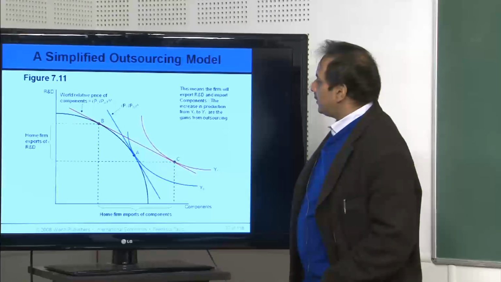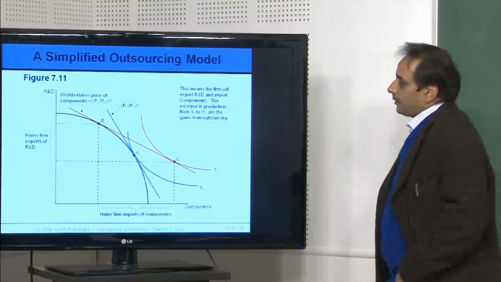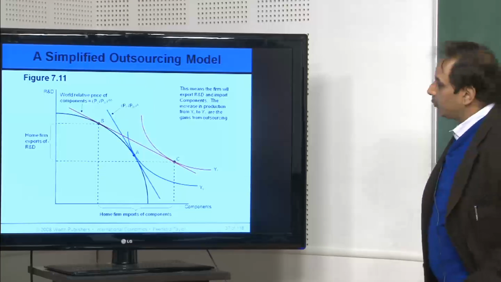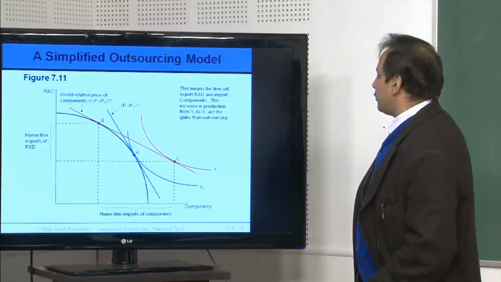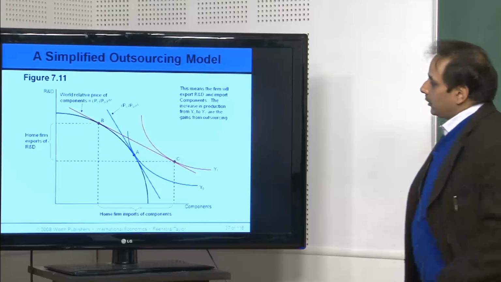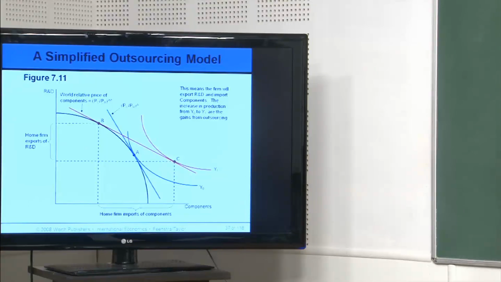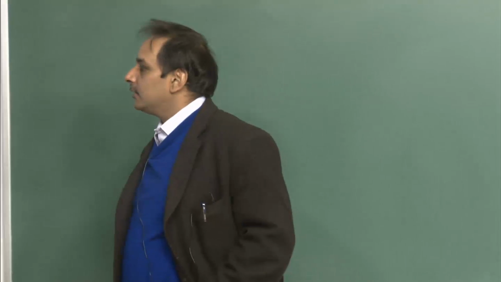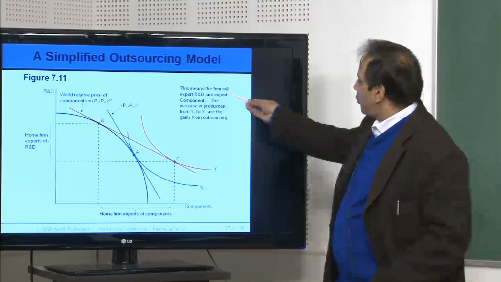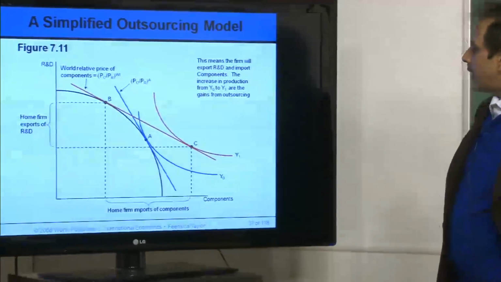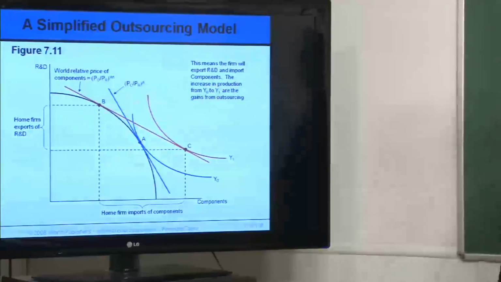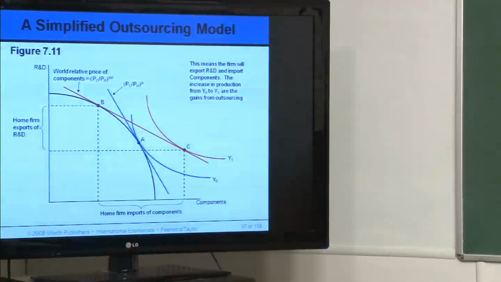So at the end, the gain is that the countries can efficiently produce the goods, import goods at a lower cost, and at the end produce more of the goods at a new relative price. So these are the gains, which means that the firm will export R&D and import component. The increase in production from Y0 to Y1 are the gains from outsourcing.